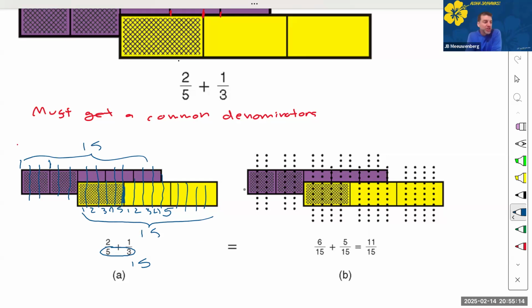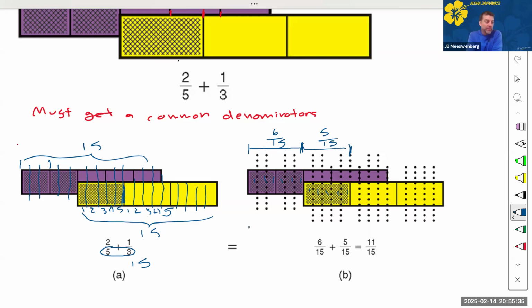And then if you just compare the shaded sections right here, from here to here, this has 1, 2, 3, 4, 5, 6 15ths. This yellow one from here to here is 1, 2, 3, 4, 5 15ths.